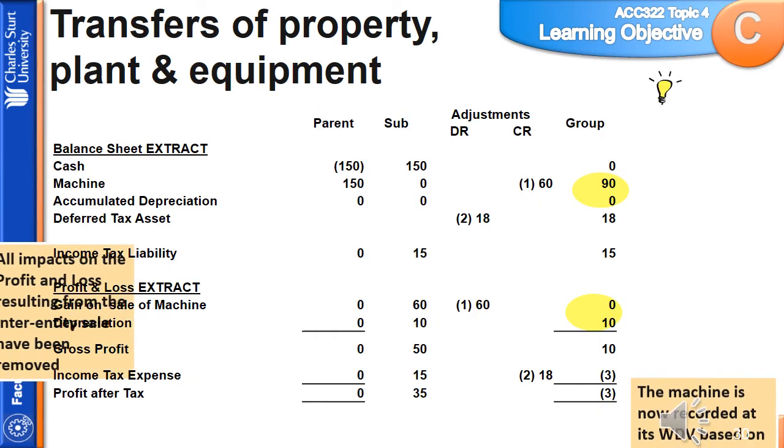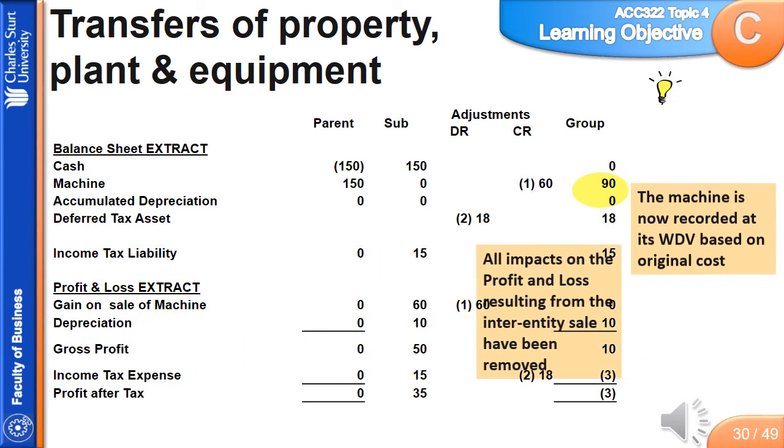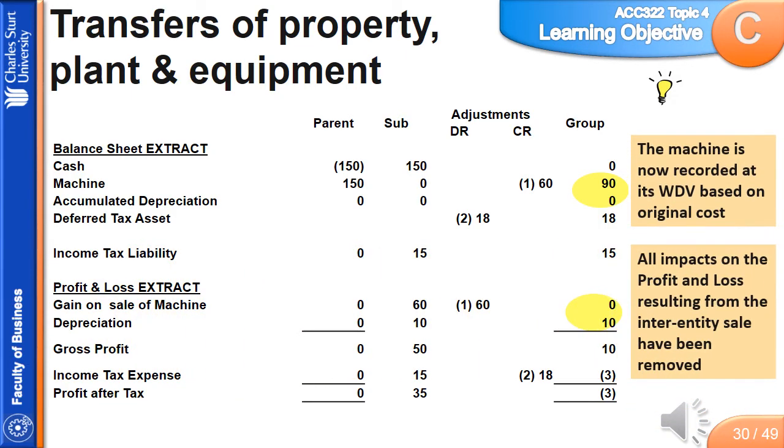Now looking at an extract of a consolidation worksheet with the journal entries we've prepared so far. So we've adjusted the machine from $150 within the parent's books down to $90, and we've also accounted for the deferred tax asset tax effect due to that reversal of the gain.